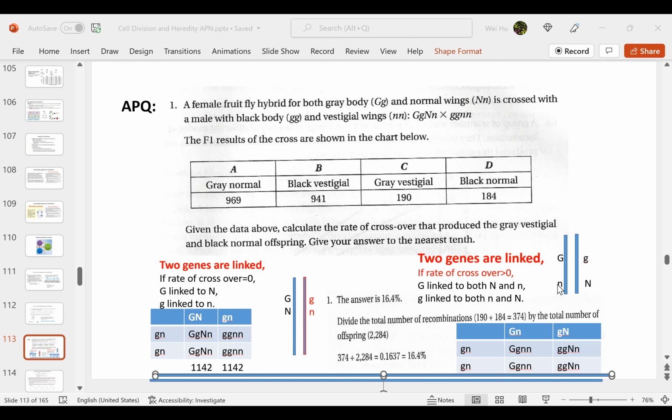So if you do have crossover, okay, so you got a mixture. So then you get your mom is big G linked to small n, and your dad is small g linked to big N. So that's a new one. But majority is not being crossed over. So then you have this one as a major phenotype. This one, you have a lower percentage.